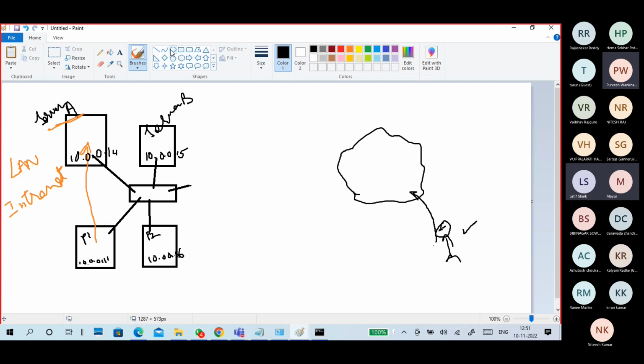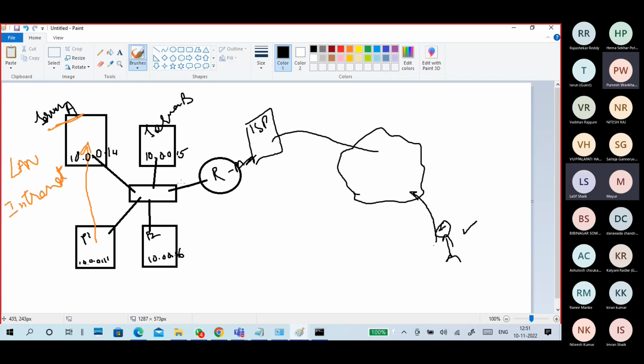For example, if I connect to the internet, this is how I connect: through a router and modem, a router-cum-modem kind of device, through the ISP, I will establish the connection. So now I am on the internet, but this guy is unable to access my server.